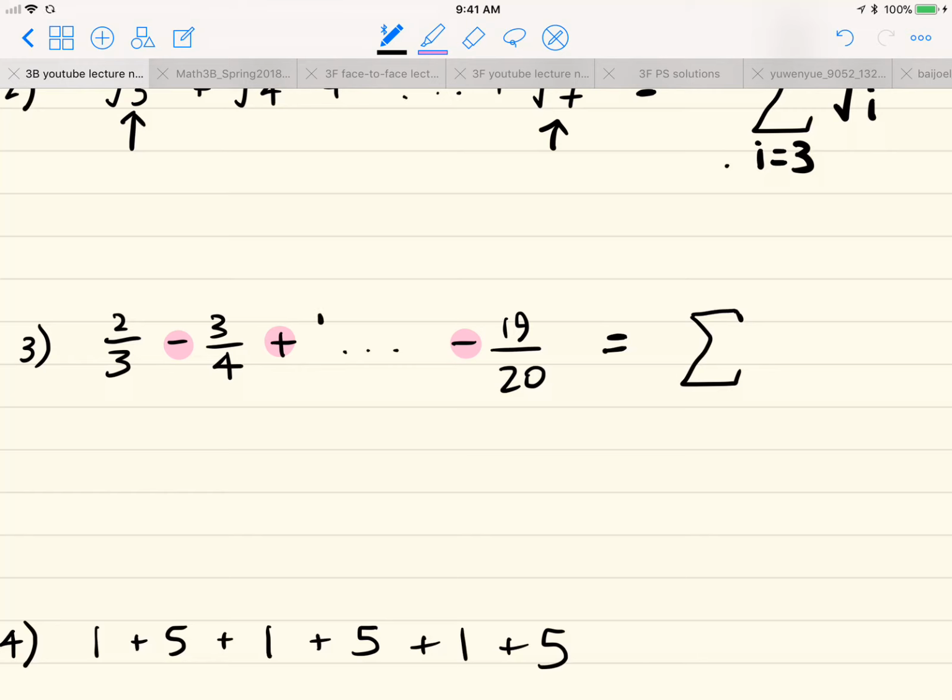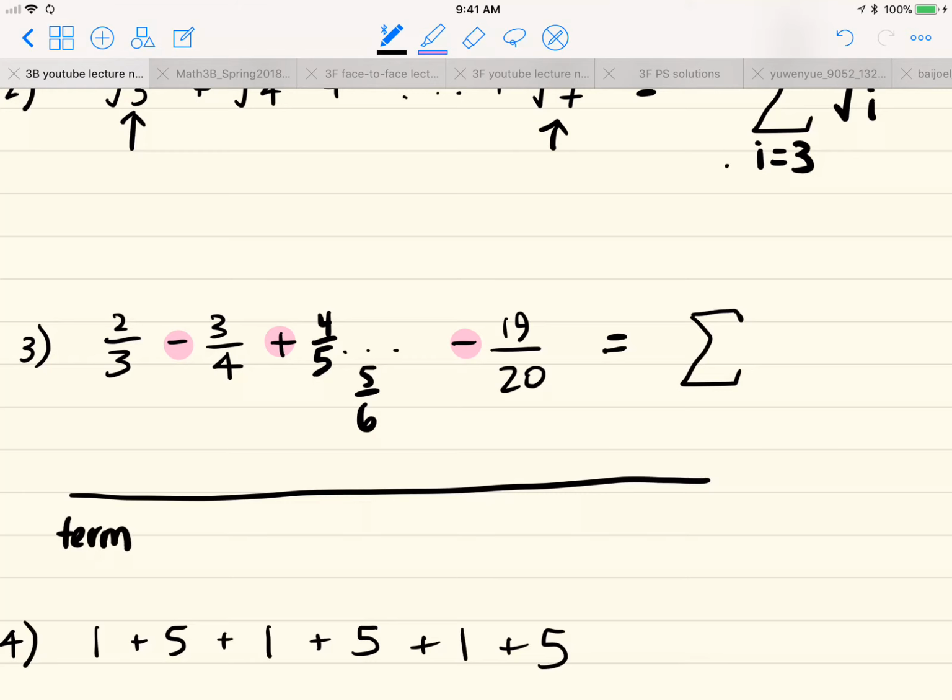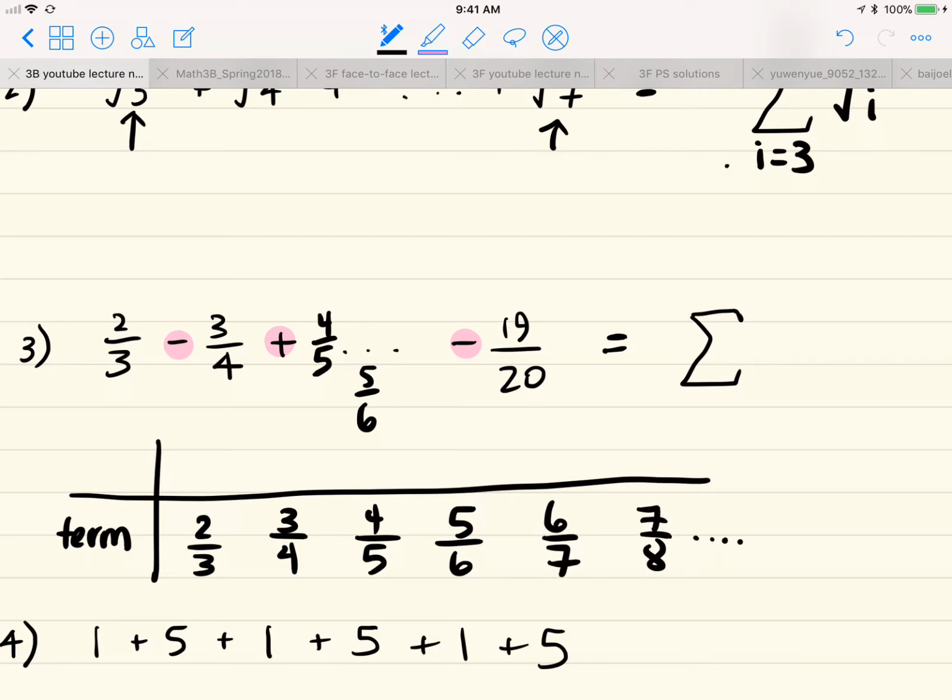The next term is probably 4 over 5, then 5 over 6, 6 over 7, 7 over 8, all the way up to 19 over 20.